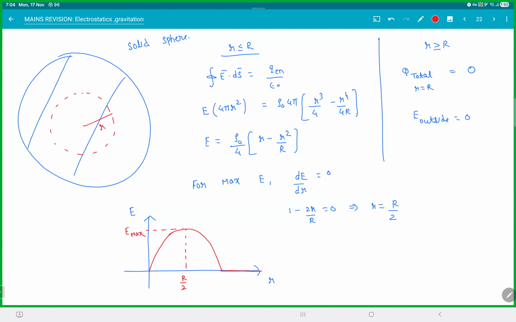Is the concept clear, everyone? Outside it became 0. I gave good numbers, so we can play around like this. That's one good question. Any doubts on this? This is how they'll ask you non-uniform things, so be careful with that.